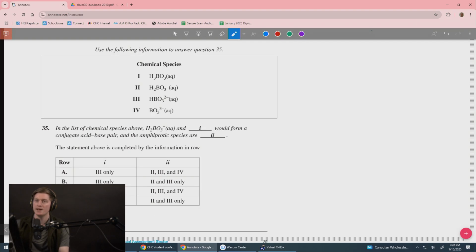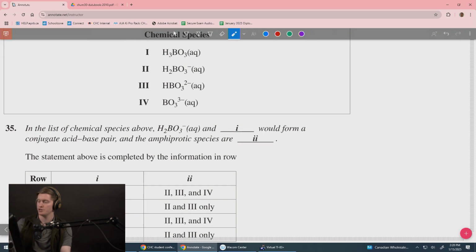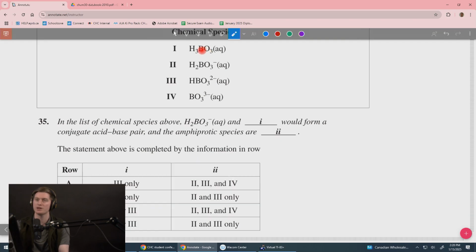Here is a bunch of chemical species that are all based on boric acid, going to dihydrogen borate, hydrogen borate, and then the borate anion. In the list of chemical species, this ion, dihydrogen borate, and what would form a conjugate acid-base pair, and the amphiprotic species are what?